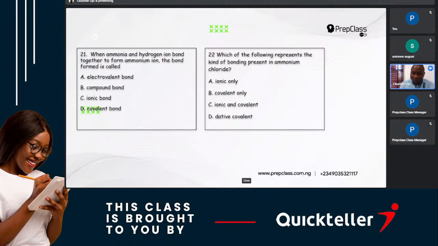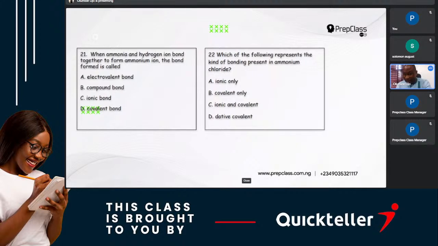Covalent bond. But now, when NH4+ is mixed with Cl-, the charge from the NH4 will be transferred to the Cl. The Cl will take it. That's ionic bond.